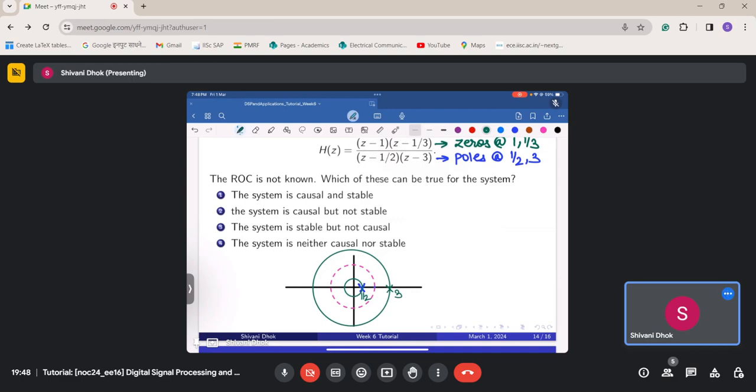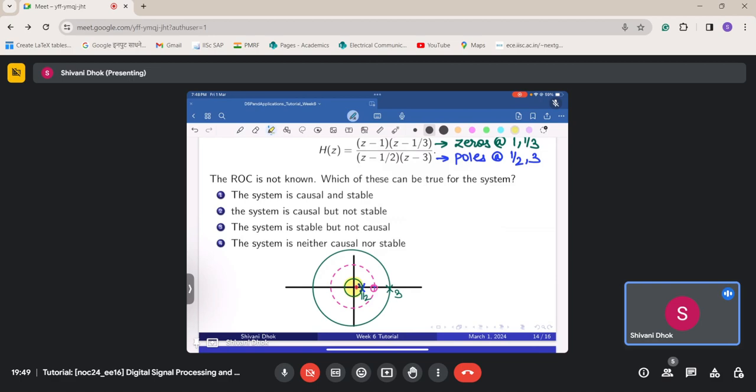And I have a zero at 1, and a zero at 1/3, which is somewhere here. Okay, so this is my pole-zero plot. Now zeros are anyway not contributing to stability and causality here. So the first possible region of convergence is this one.